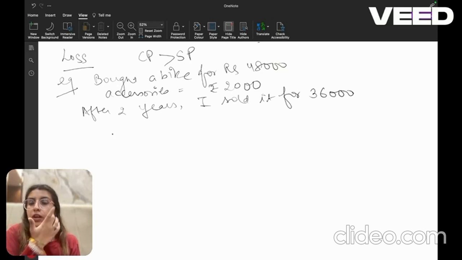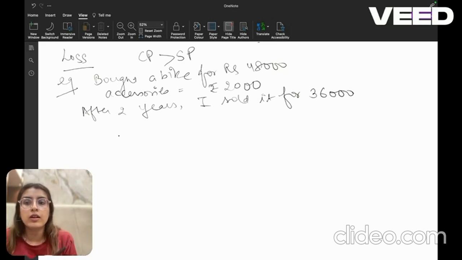So firstly we need to determine the cost price and the selling price, and then we'll see which one is greater, and then we'll understand whether we have incurred a loss or earned a profit, right?